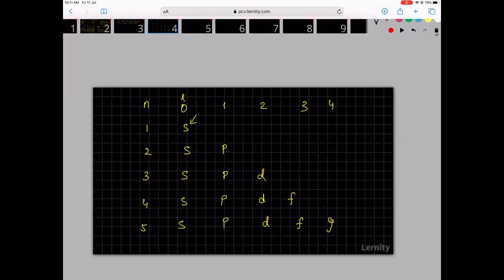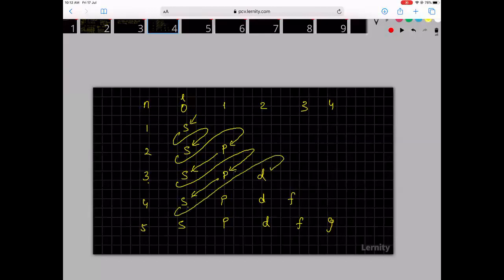So the first electron will come here. After that, the next electron will come here. Then the next electrons come here. Then they go here. Then they come here, because this will have 3 plus 1, 4. This is also 4, but because the principal quantum number is less, the electrons will come here first. Then they will come here.